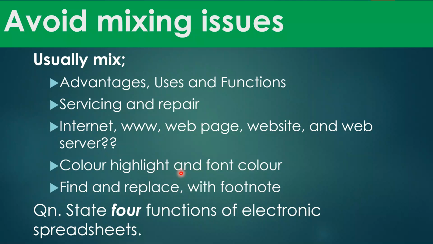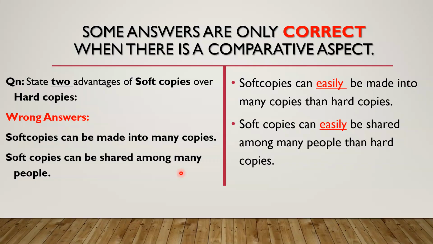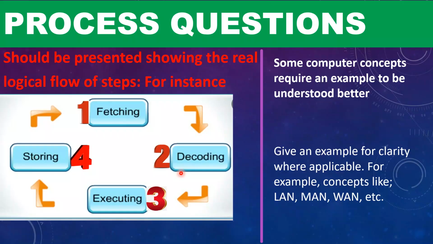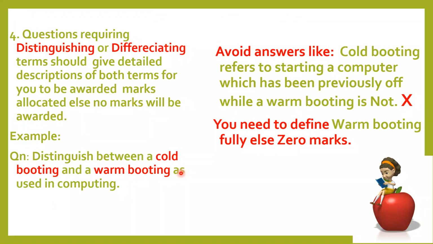You need to avoid mixing issues and confusing them. Some answers are only correct when there is a comparative aspect. Then, process questions should be presented showing the real logical flow of steps. Then, more to that, some computer concepts require an example to be understood. Give an example for clarity.